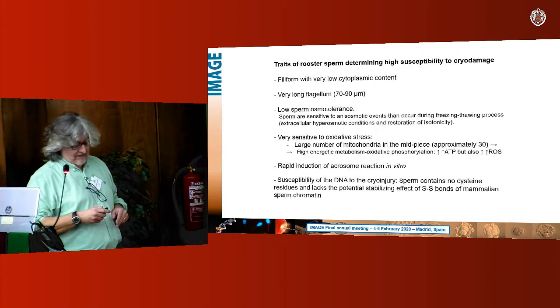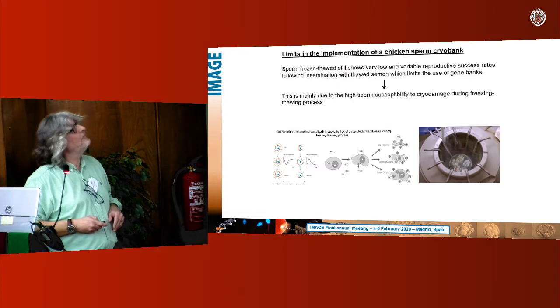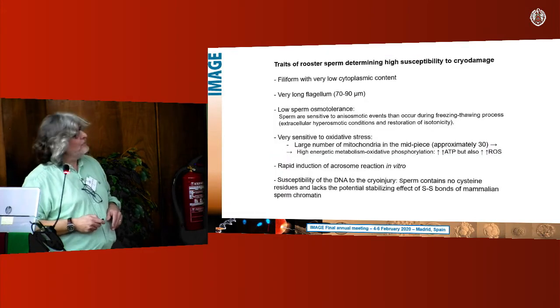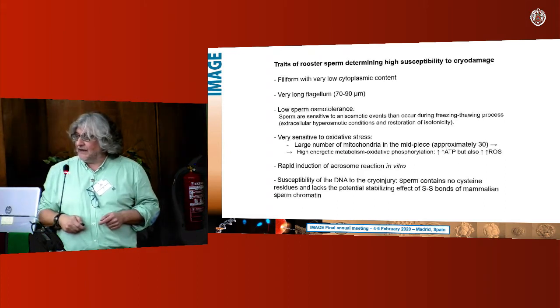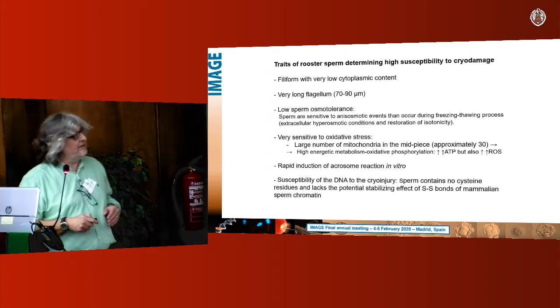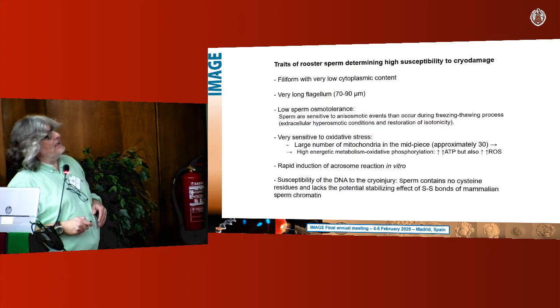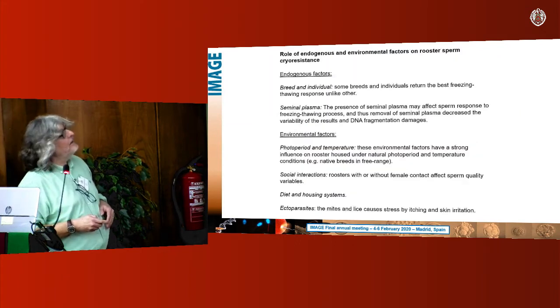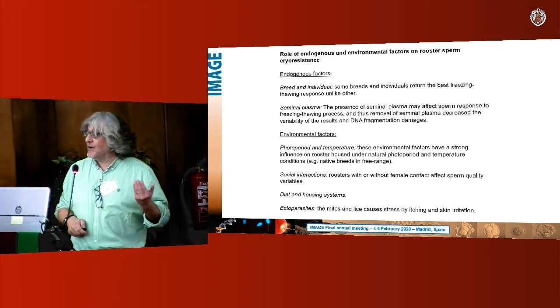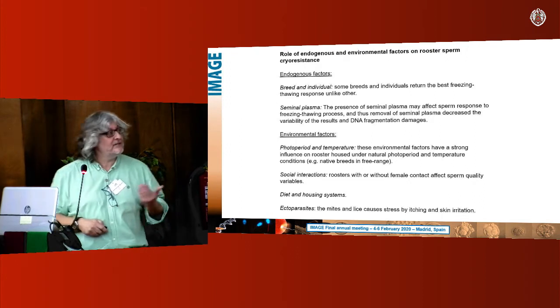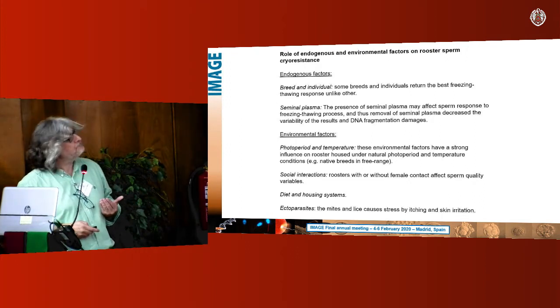This is very important in free-range conditions, since most breeds of chicken in Spain are maintained in free-range conditions. Other factors are the diet, the housing system, and subclinical health problems, for example, the presence of ectoparasites.